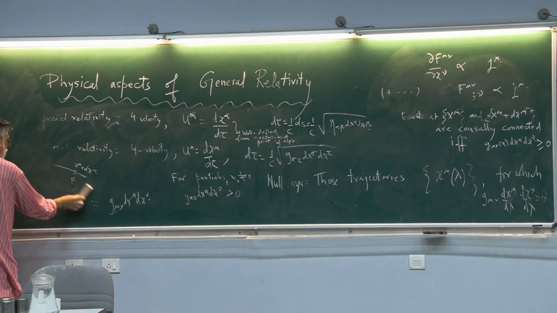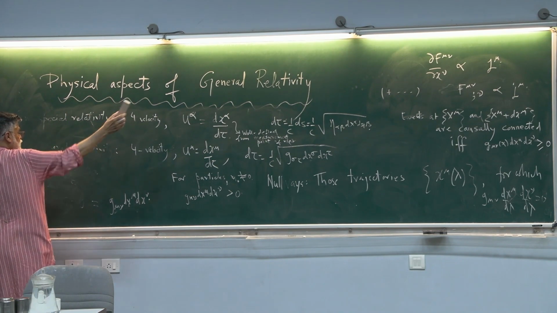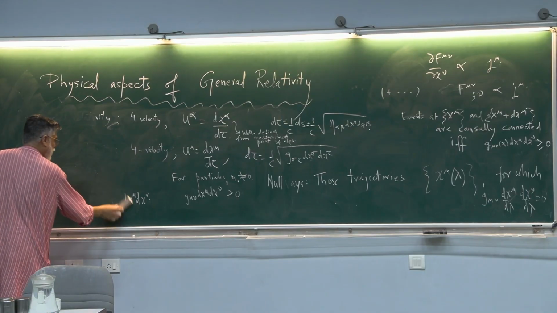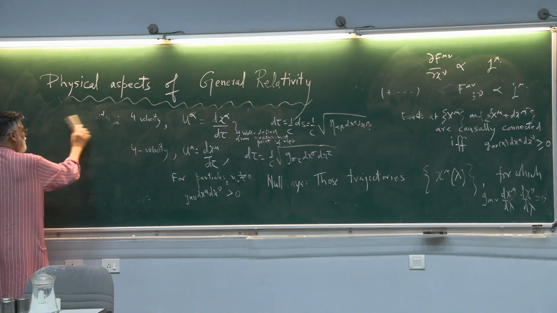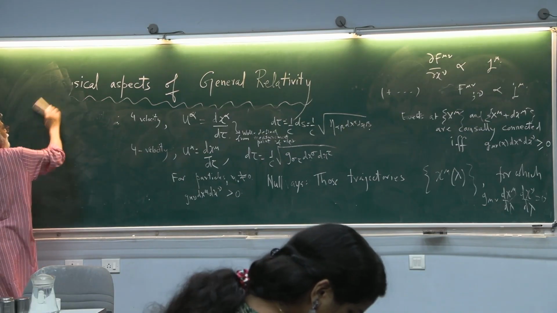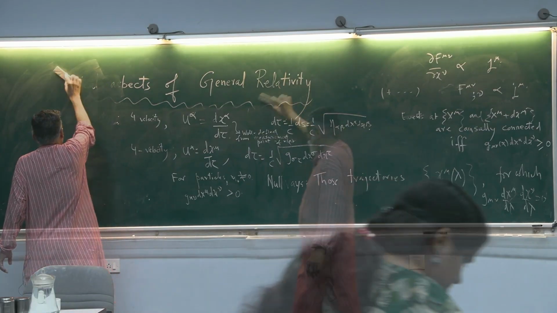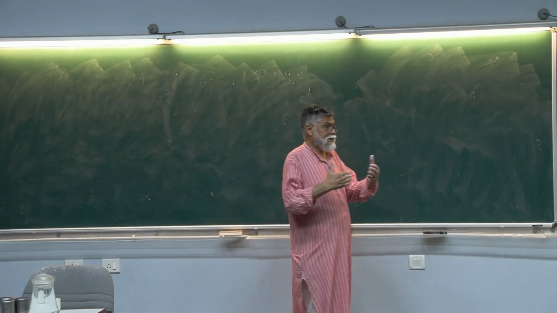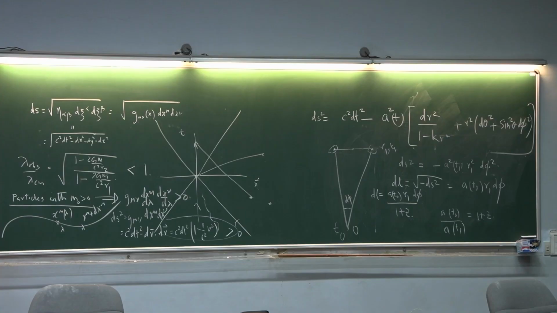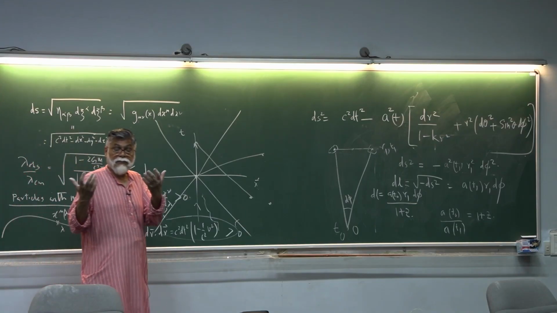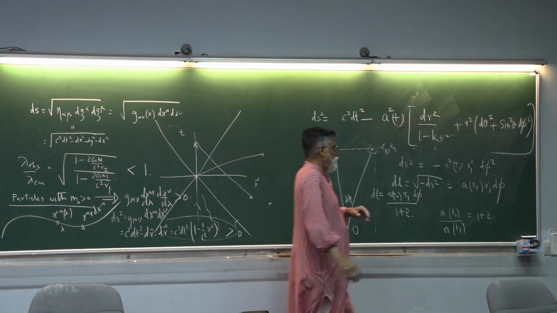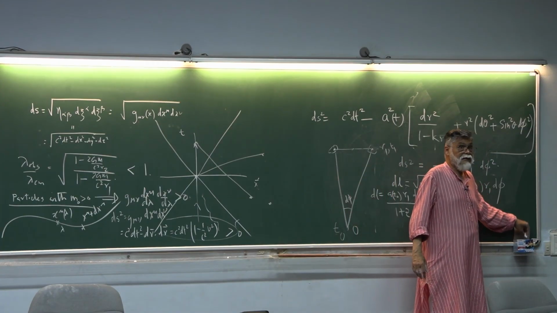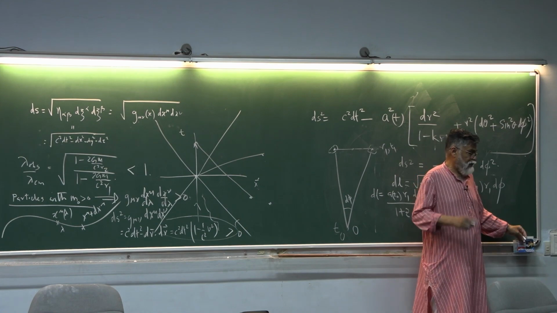So a large part of today's lecture was about physical aspects of general relativity, which is not generally covered in detail in books, although it is implicitly assumed that readers understand it. So I will begin where I left off, but there will be some gaps, because the form of the Christoffel symbol I will derive tomorrow. But because I am in a hurry to make a connection with the curvature tensor, I'll fill in the blanks tomorrow.